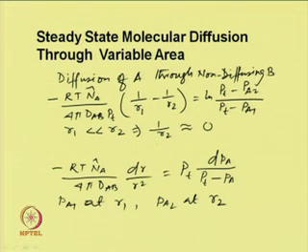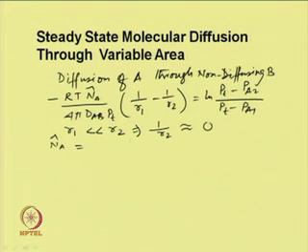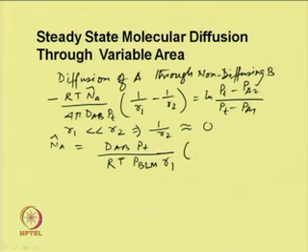So, if we substitute this, then N A cap is equal to D A B P T by R T P B L M into R 1, P A 1 minus P A 2, this divided by 4 pi R 1 square.